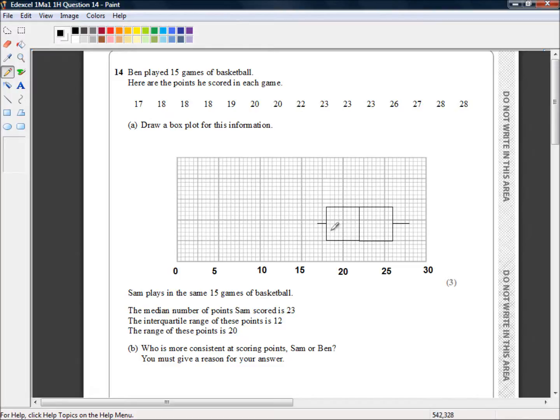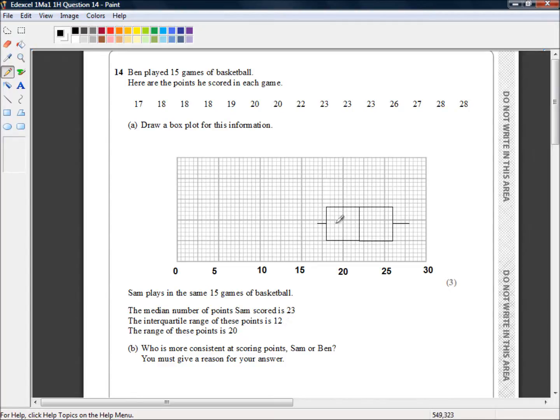If we'd checked the interquartile range, we'd have seen that Ben's goes from 18 all the way up to 26, which is a range of 8. Whereas the interquartile range of Sam is given as 12.